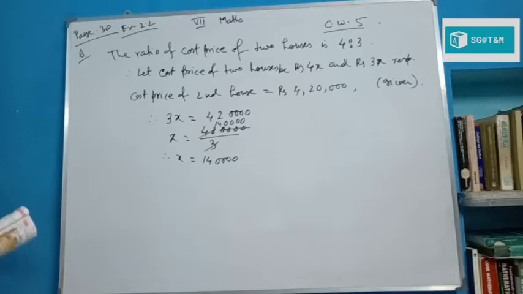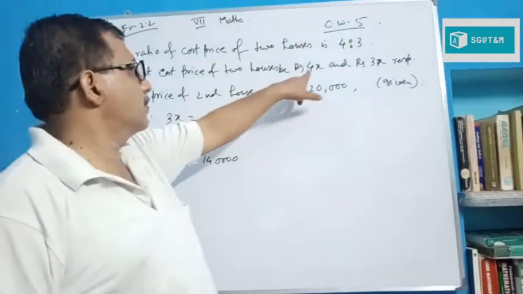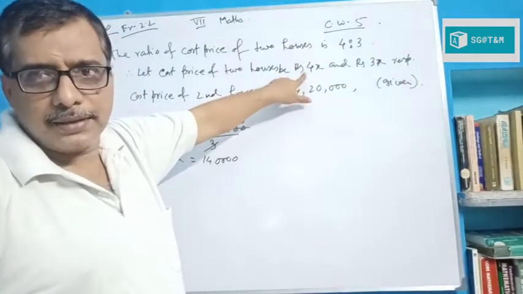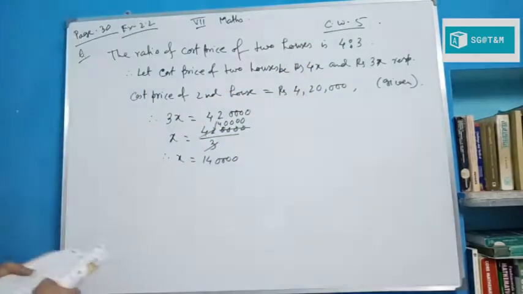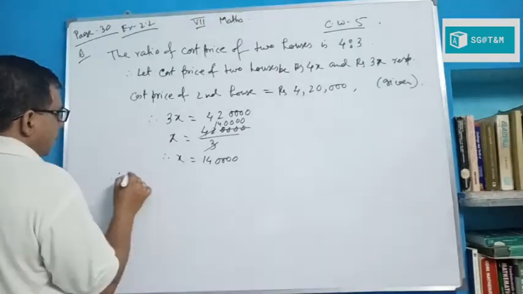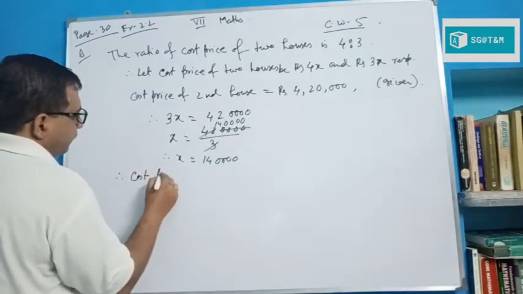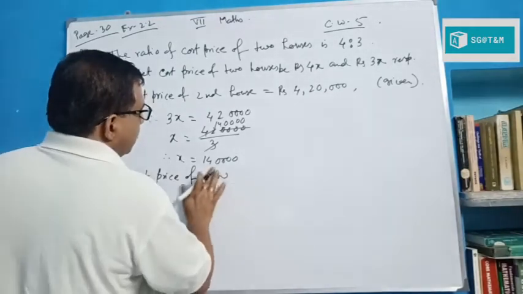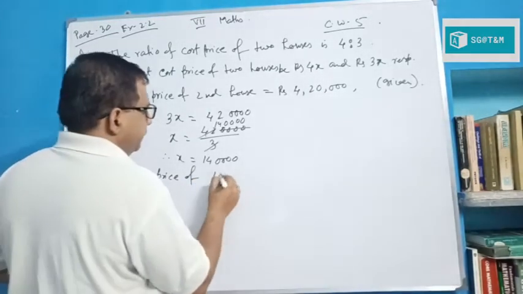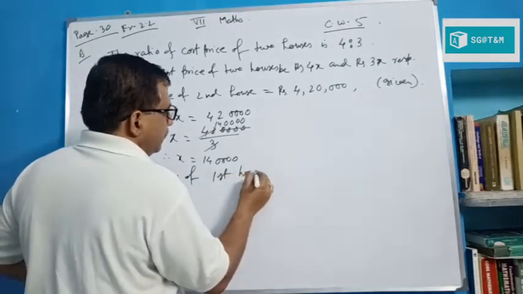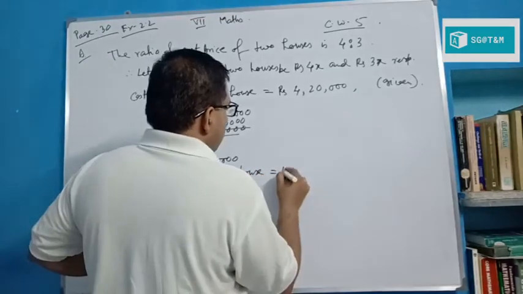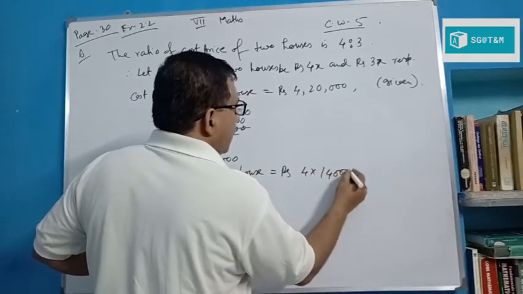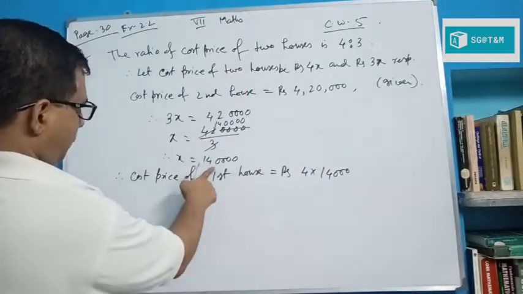Therefore, the cost price of the first house is 4x, that means 4 into x. So, therefore, the cost price of the first house is rupees 4 into 1,40,000.